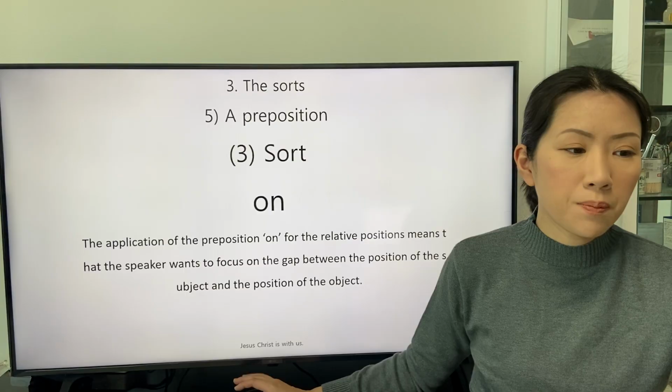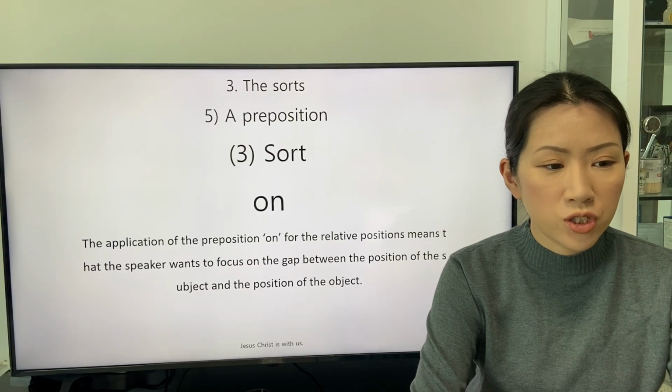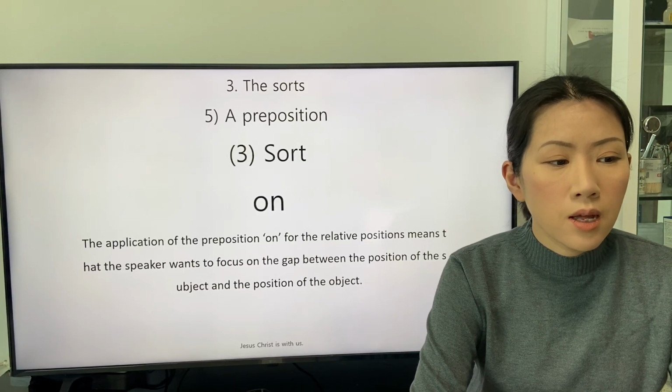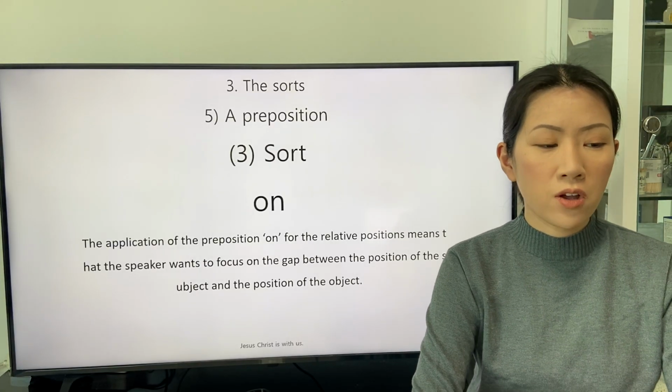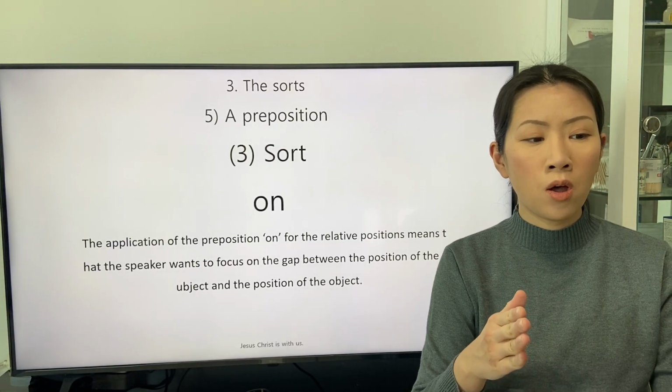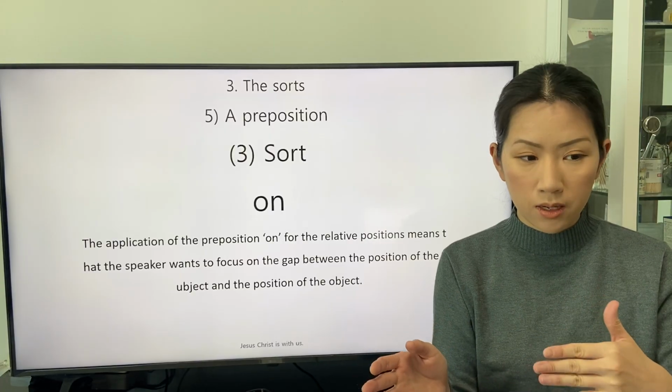The application of the preposition on for the relative positions means that the speaker wants to focus on the gap between the position of the subject and the position of the object.